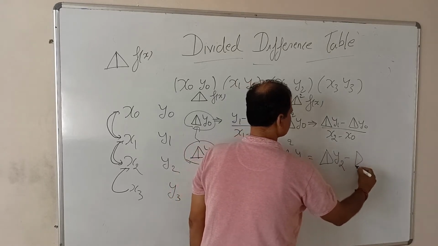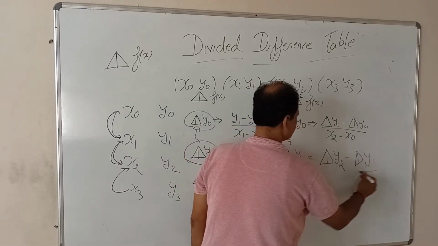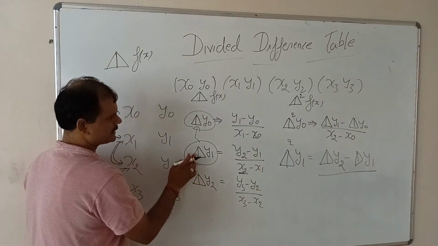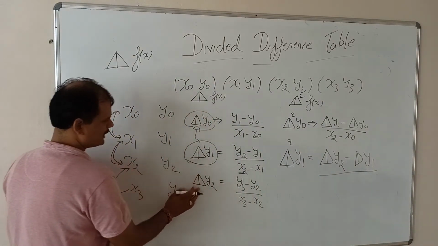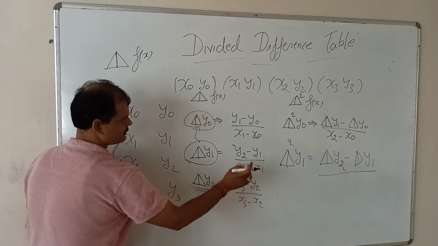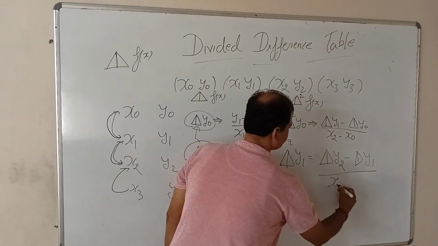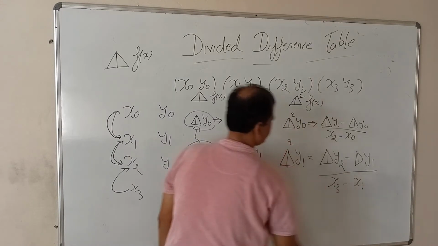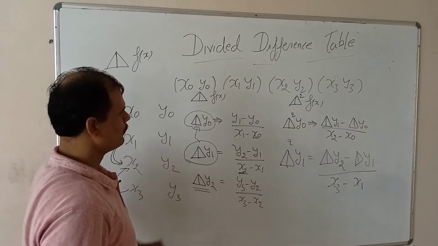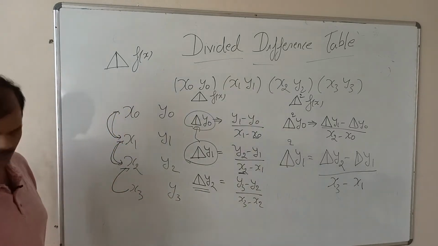Now for del square of y1, we get (del y2 minus del y1) divided by, since del y2 involves x3, x3 minus x1. Now what is the cube one? Let me write the cube.